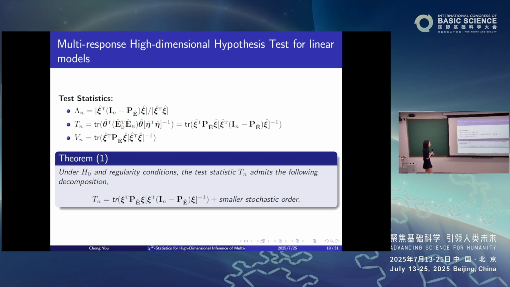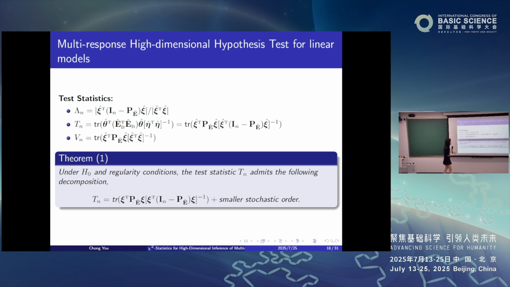Under the null hypothesis and some regularity conditions, the test statistic Tn can be decomposed into those two terms. If we look at this term, it is no longer the hat one, it is the ground truth one, plus small stochastic orders.